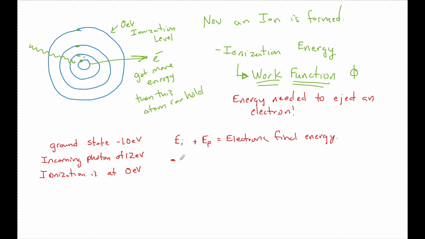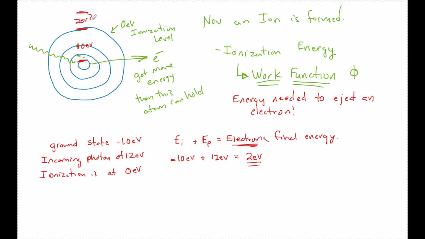So we have minus 10 eV plus 12 eV. We have 2 eV as the energy of the electron after it leaves the atom. Okay, so from here to here, I needed 10 eV. But now there's a little bit more extra energy up here of 2 eV.